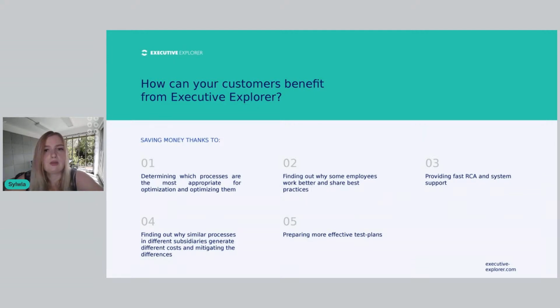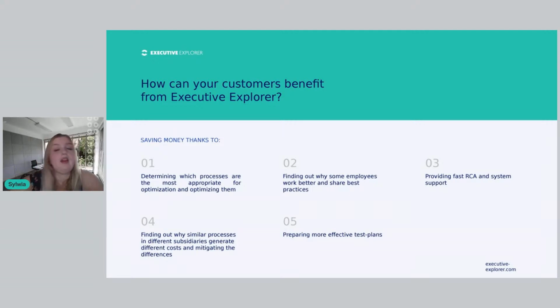So when a user goes to support and says that something went wrong, some error was there, but we don't really remember what we clicked, what was done, with our solution we can quickly find out exactly what the user did, reproduce it, check it and fix it faster. So thanks to this ability to provide fast root cause analysis and system support, we can save money, right? Because it will take less time than before.